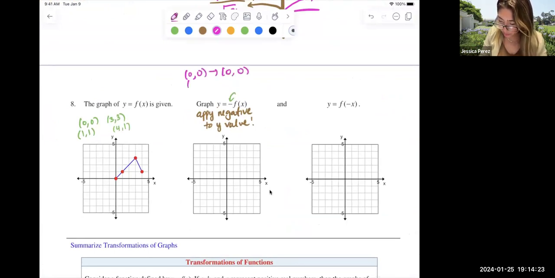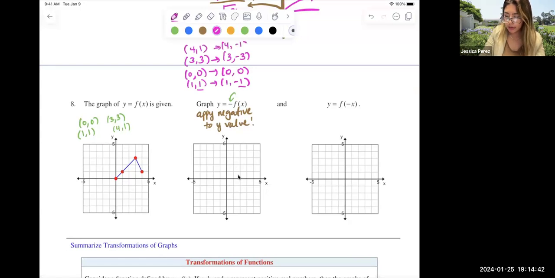If we have 1, 1, it's now 1, negative 1, because we're only applying it to the y value. If we have 3, 3, it's now 3, negative 3. And of course, 4, 1 is now going to be 4 and negative 1.